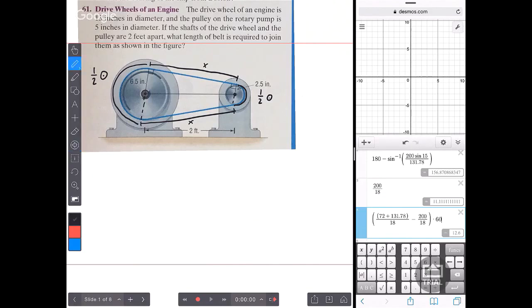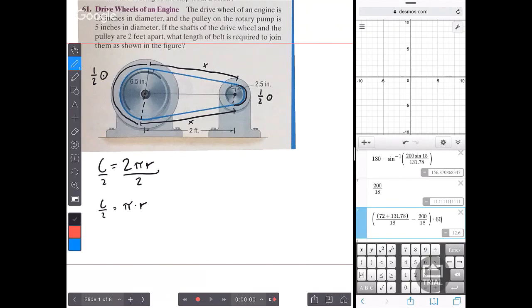So let's see. Circumference of a circle equals 2 pi r. C equals 2 pi times the radius. In the big circle, I have C equals, and I only want half a circle, so I'm going to go ahead and divide it by 2. This half circumference equals just pi times the radius.